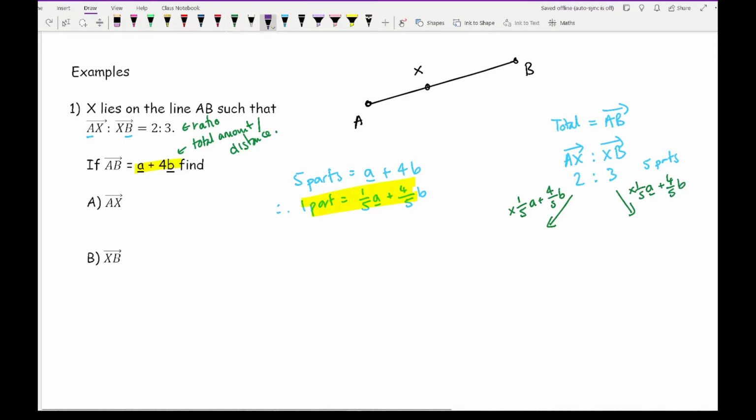So then multiplying 2 times this, so in other words, I'm going to do 2 lots of 1/5 of A plus 4/5 of B. Now remember, when you're multiplying a fraction by an integer, we just multiply the numerator by the integer.